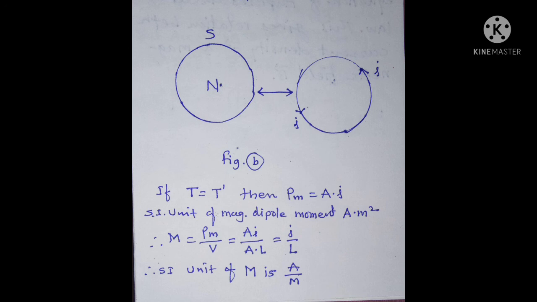So this magnetic intensity is also the pole strength developed per unit area of cross section of the substance magnetization. So this is the equivalence between magnetic shell and current loop. Thank you.